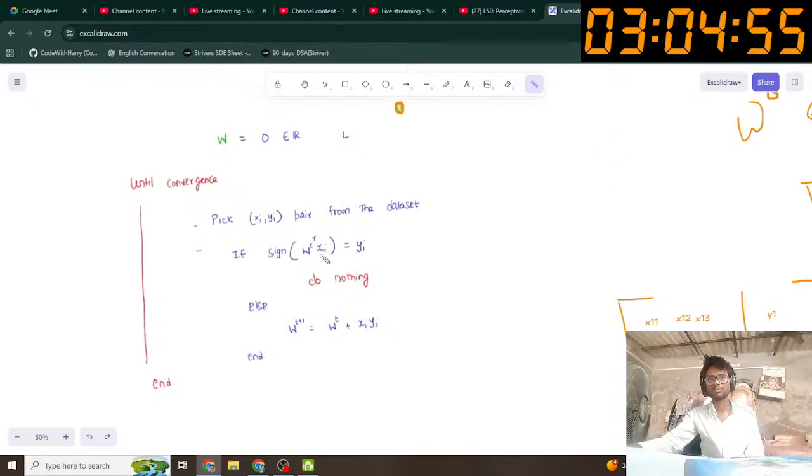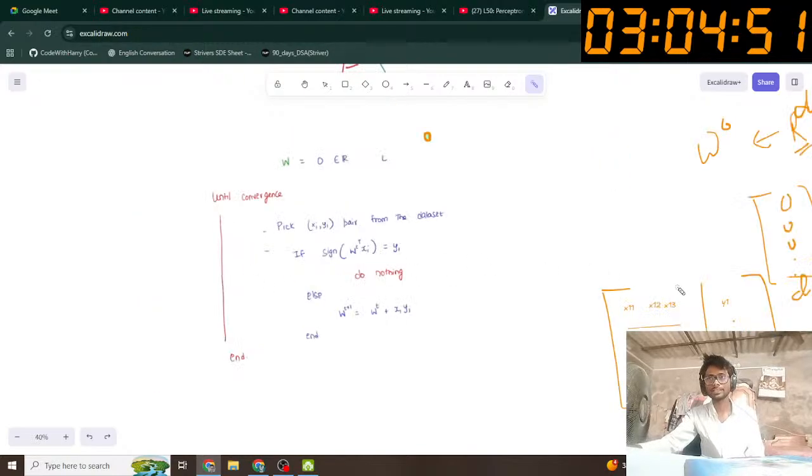We calculate this value, and if it matches the actual label, then we simply do nothing and move to the next data point.